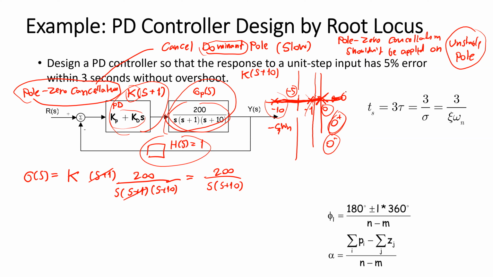So if the pole is 0, you should still keep it 0 in order to see how we can deal with that pole that is near the imaginary axis, almost unstable. When it's 0, we cannot use pole-zero cancellation.